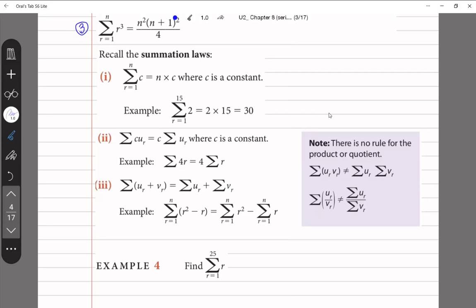For example, the sum from r equals 1 to n of r squared minus r is equal to the sum from r equals 1 to n of r squared minus the sum from r equals 1 to n of r. Note, and this is important, there is no rule for the product or quotient. So very, very important to note.